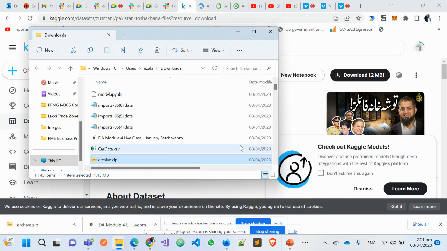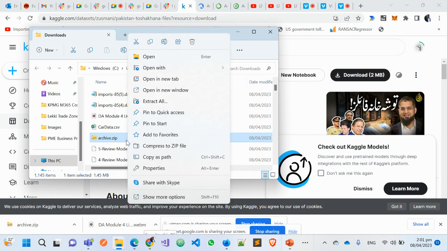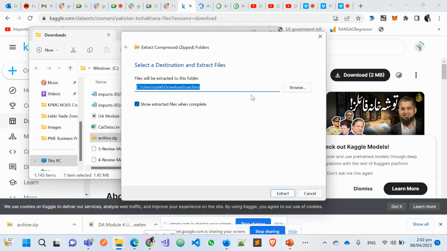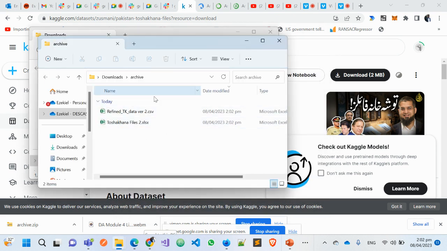So look at what I'm doing now. I've just downloaded it, right? This is it, archive.zip. I right click, and from the context menu, I choose extract all. Save it in the same folder that the file was downloaded into, then click extract, and it will extract the file and open it up here.